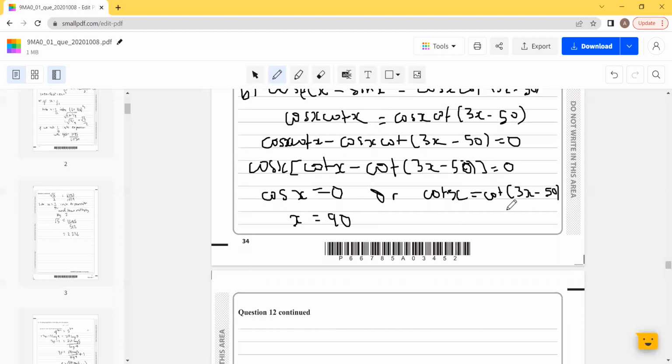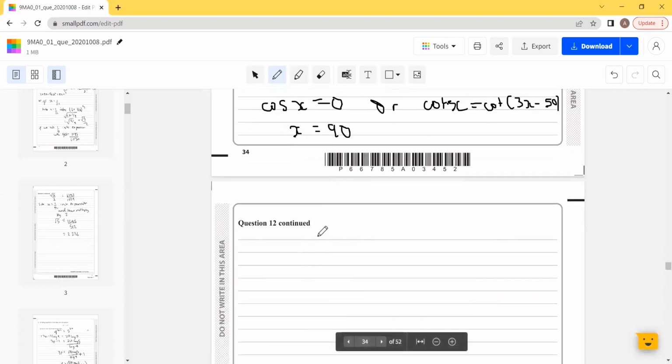So now what I can do is use my knowledge of trig identities to solve this question. Let me just write this again. Cot x is equal to cot 3x minus 50.